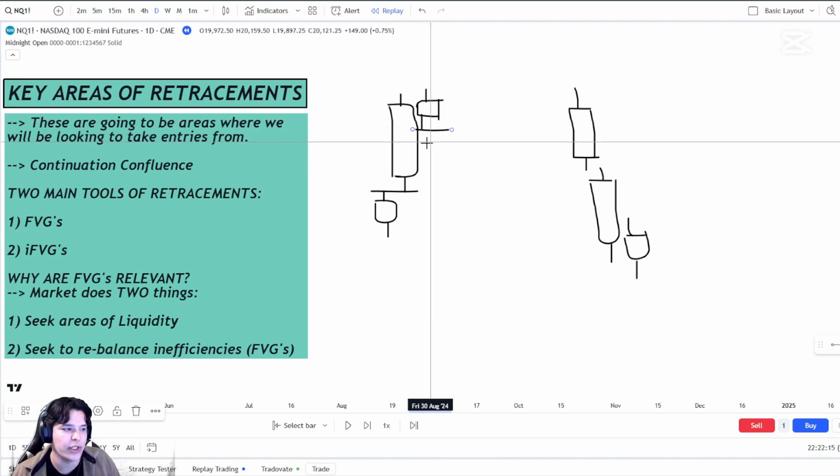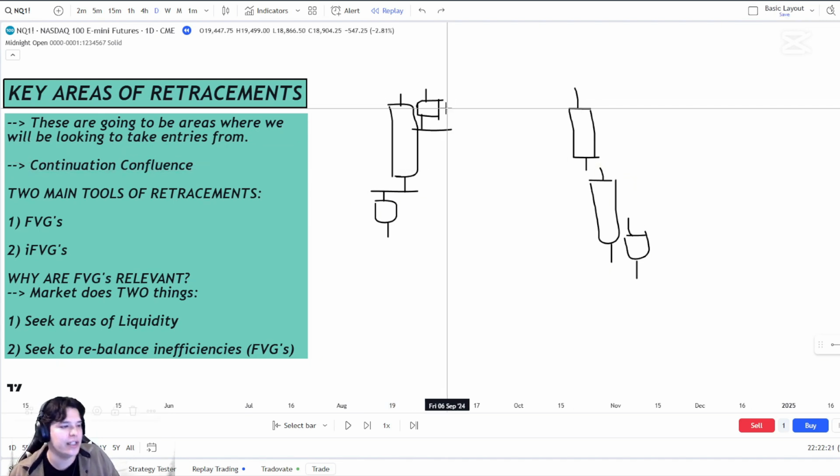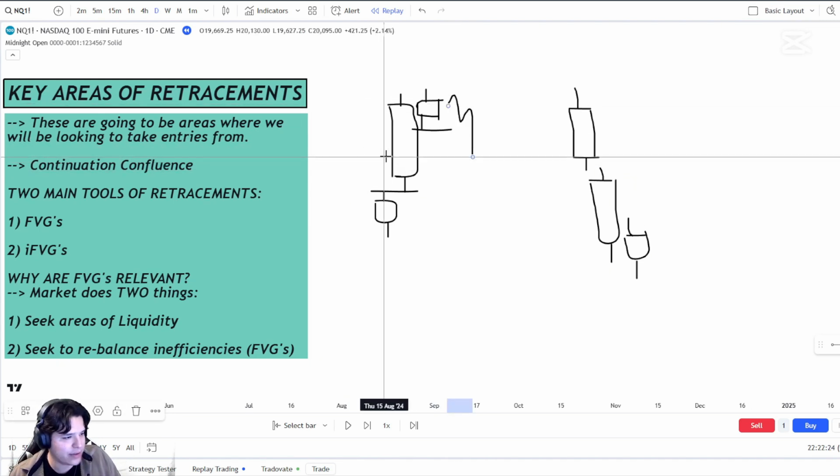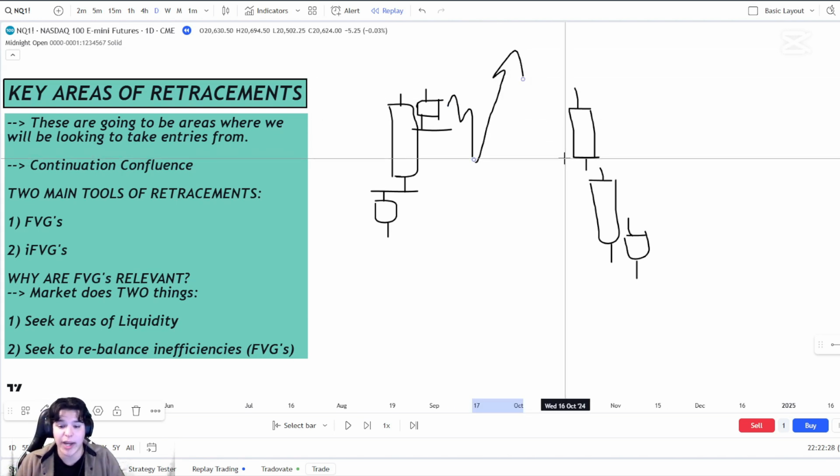That's all it really is. In the bullish case, there's a lack of sell orders in this range, and price is likely to come back and rebalance that area before continuing to the upside. That's why it's a continuation confluence. We're looking for price to pull back into these areas and then continue the underlying trend.